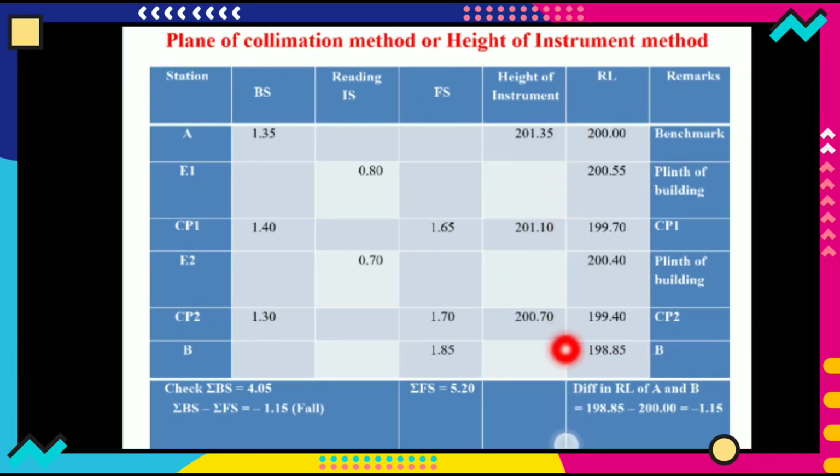So last RL is your 198.85 minus 200, that is equal to minus 1.15. So this reading is equal to this reading. If both of these readings are the same, then your answer is right, otherwise your answer is wrong.